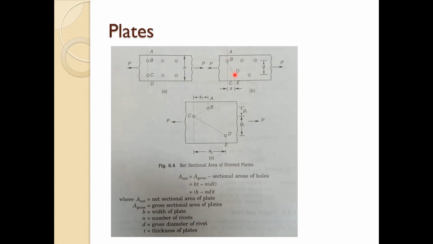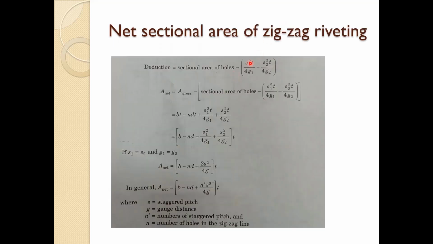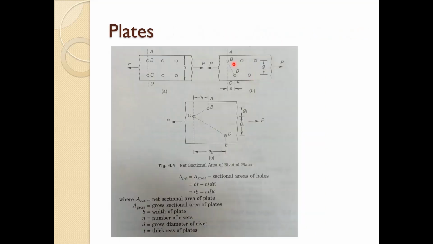Suppose we are choosing the sectional area of the hole, minus s1 square t divided by 4g1. So here we are only having this thing.